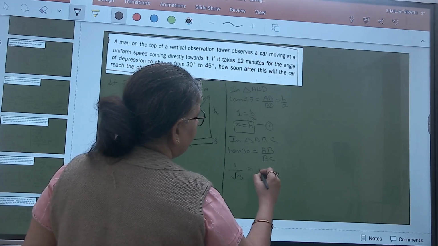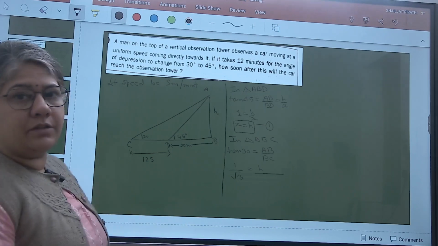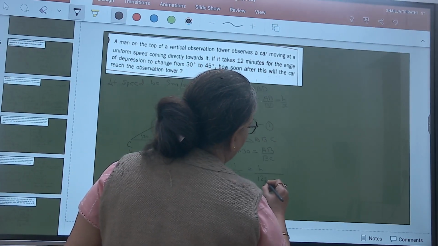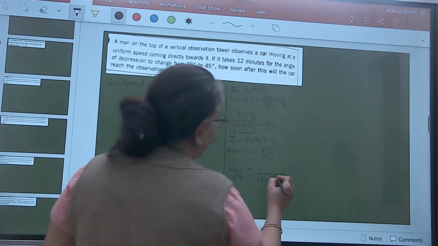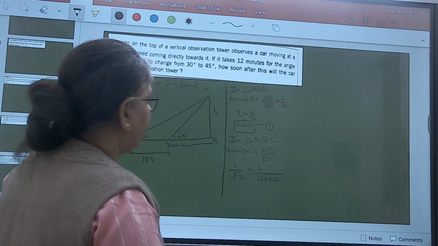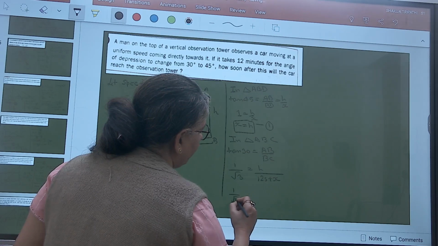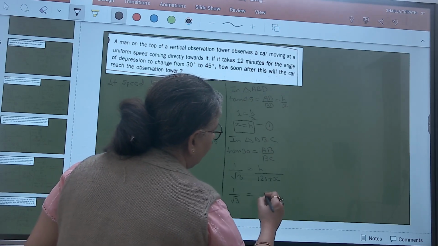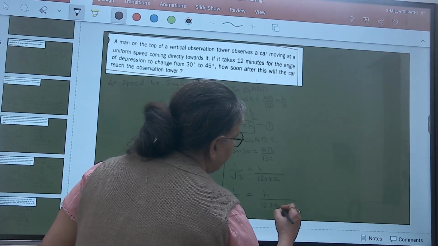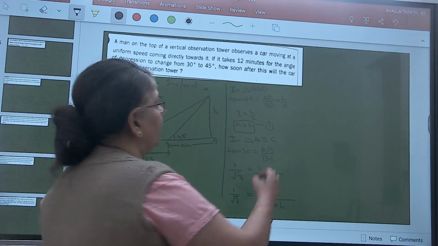AB is H and BC is 12S plus X. We can replace this X by H using this relationship 1. So we can write down 1 upon root 3 is equal to H upon 12S plus H.